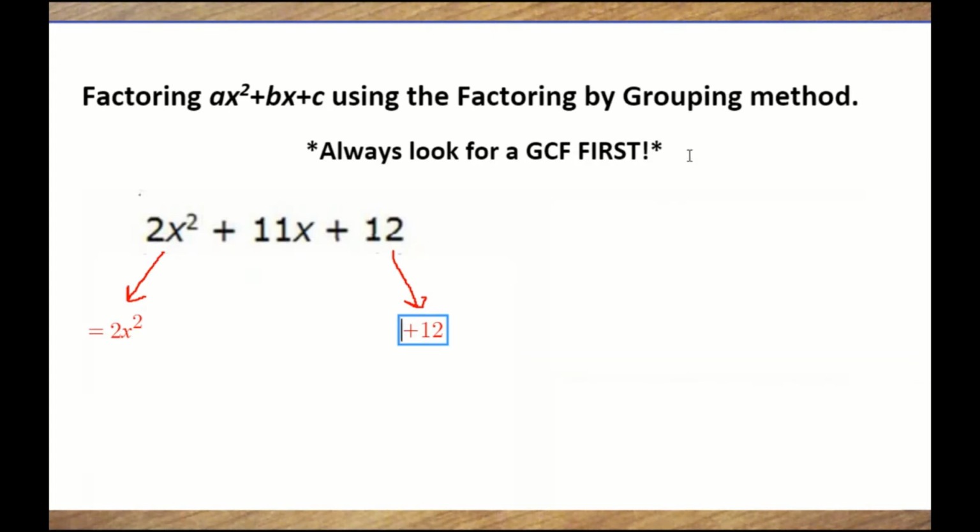The next thing I'm going to do is break down this middle term right here, this 11x. So when I say I'm going to break it down, I am going to find two terms that add up to 11x. When you think of that, there's infinitely many combinations, right?